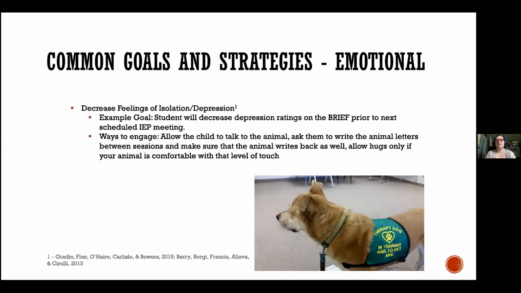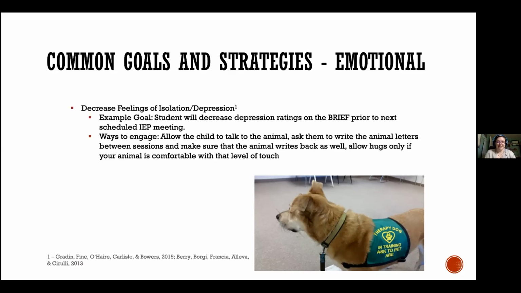So particularly if you know that you're going to be missing a week, that you would normally have the canine present, having the animal write a letter and allowing the child to write back. This is wonderful for during the summer or long breaks, if you're able to set it up that way, so that the child feels like the animal's thinking about them and the animal remembers them and cares about them.